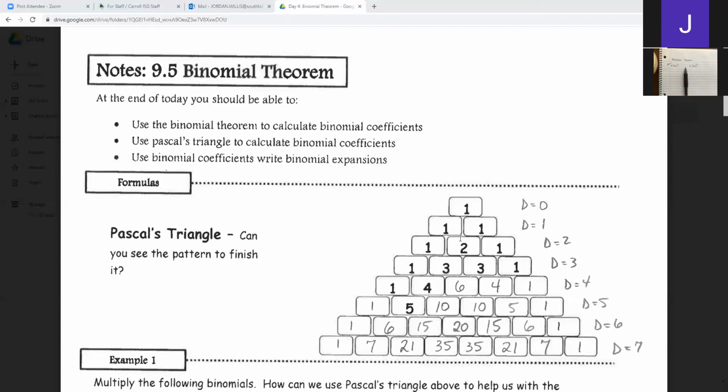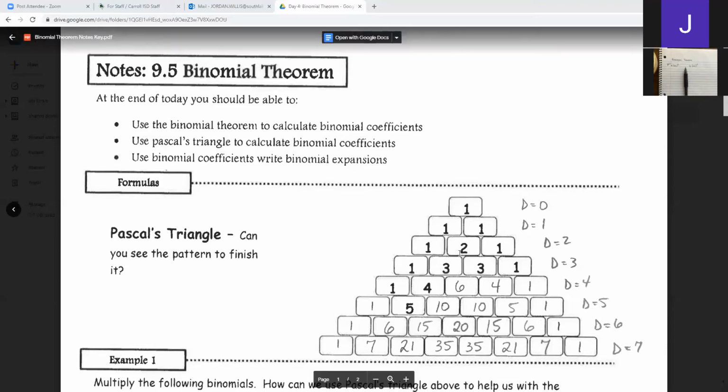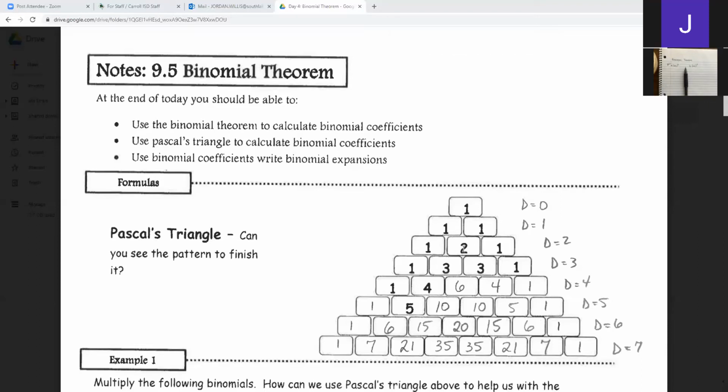And the way we get that 2 is we take the level above it, and we take 1 and 1 and we add those together and we get the 2, which is how we get that leading coefficient for the term in this case, quadratic polynomial. And then for the next level, the 1s on the outsides again, and then this 3, we get it by adding 1 and 2 to get 3. And then this next 3, we get it by adding 2 and 1 to get that 3.